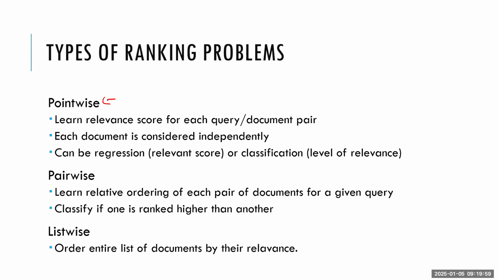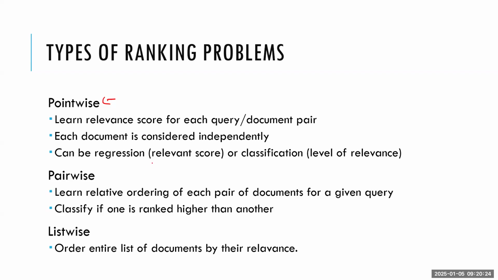You only look at one pair, and then you have the score. Your task is to learn the score. So one data point is one query-document pair, and you want to learn the score.